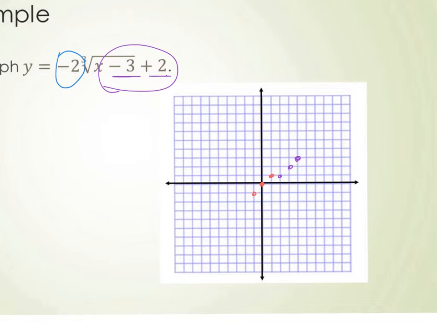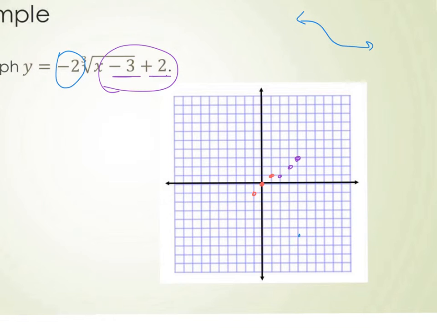So this -2 is going to do two things. The negative is going to flip it or reflect it, like when a parabola opens up, then it opens down. And so for our cube root, it's going to look like this instead. And then the 2 is going to stretch it and make it taller and skinnier. So if I take 3, this right now is 3, you're looking at your y value. If I take 3 times -2, I'm going to get -6.